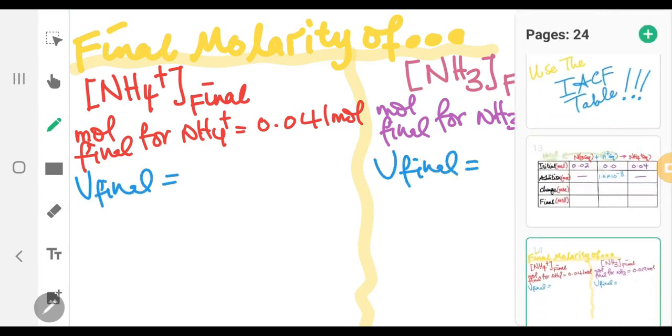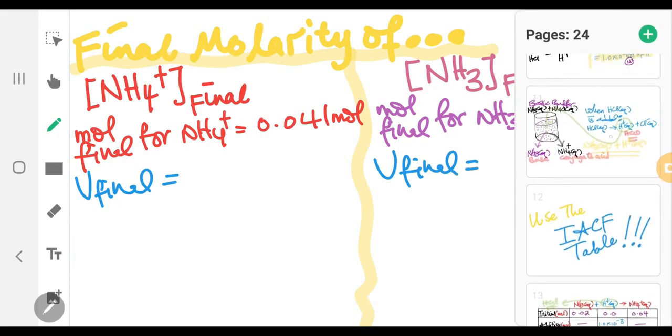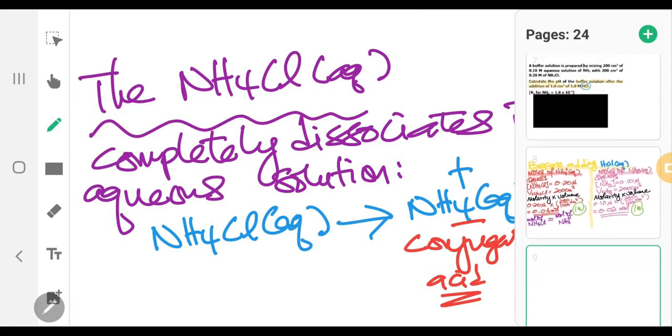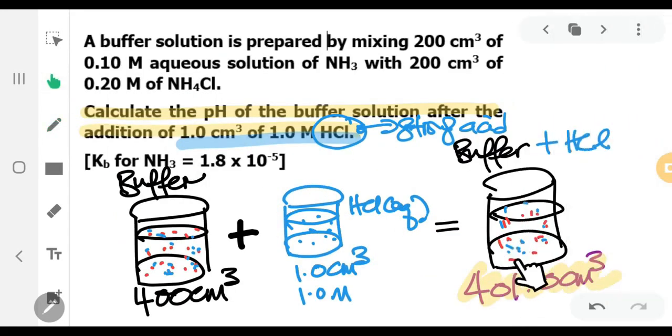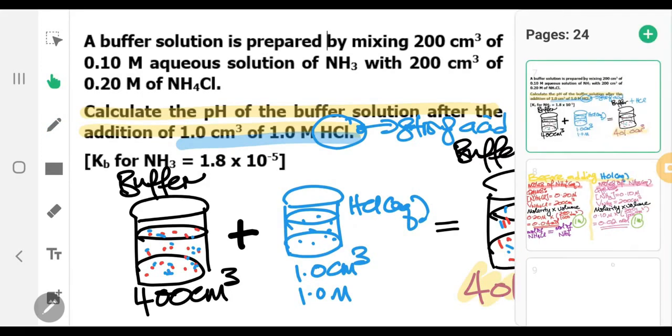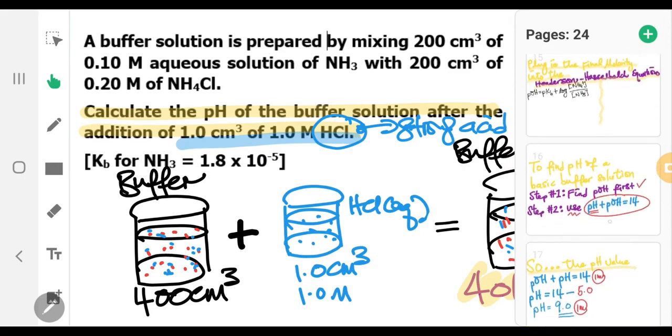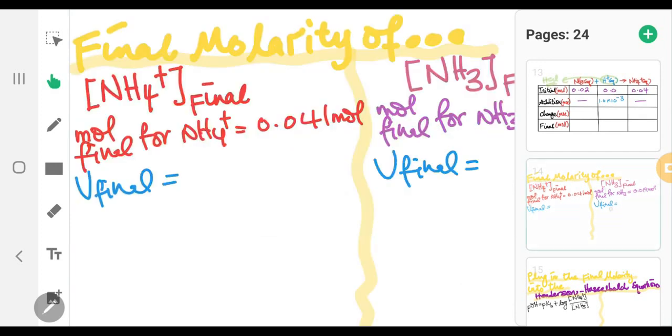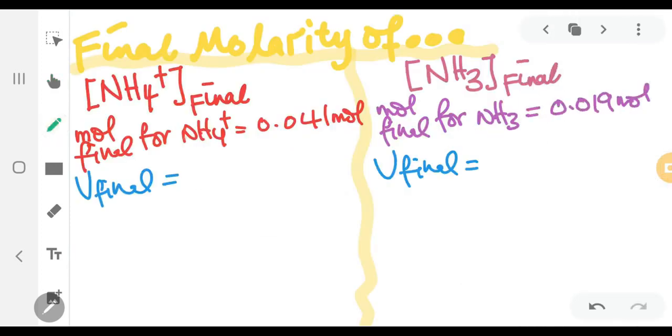Remember, in the beginning, we have worked out the final volume, which is 401 centimeter cubic. So that is the final volume, 401.0 centimeter cubic.